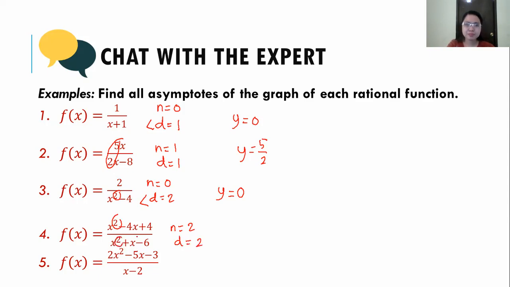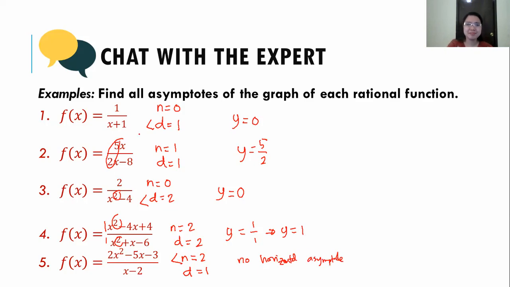So our horizontal asymptote is 1/1, so that will be y equals 1. Then the last: the numerator's degree is 2 and the denominator's degree is 1. The numerator is greater, so we say no horizontal asymptote.